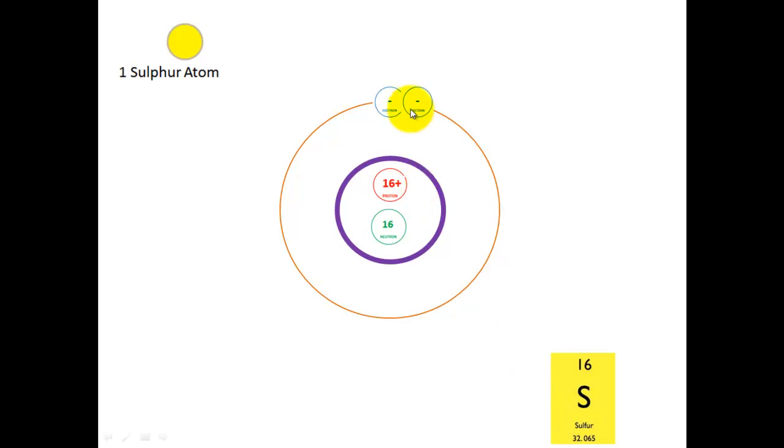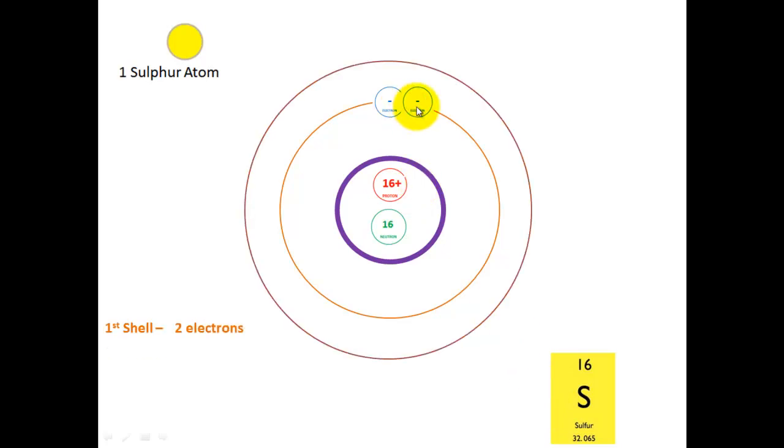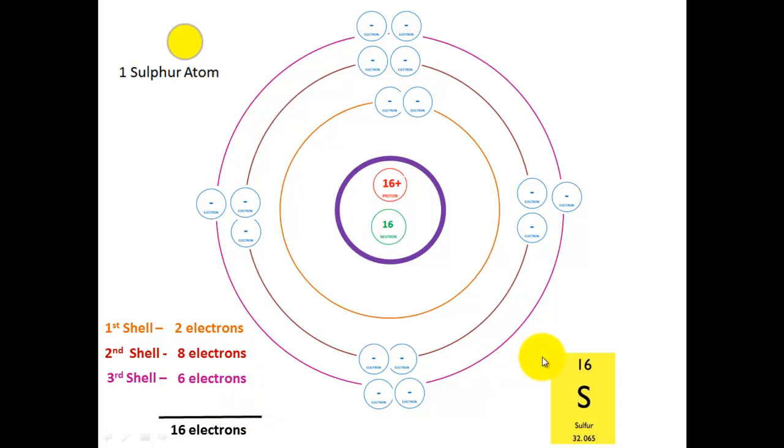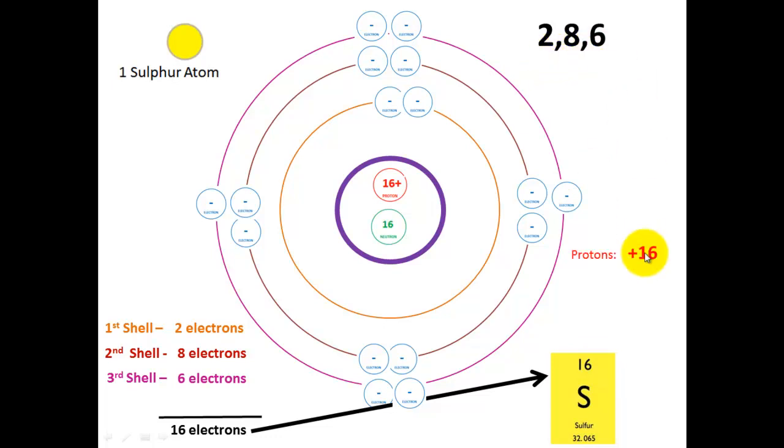So we've got first 2 electrons on the first shell and we've got 8 electrons on the next shell, and on the last shell we've got a total of 6 electrons, which gives us 16 electrons, which matches our 16 protons in a neutral atom. So an electron configuration of 2, 8 and 6. 16 protons, 16 electrons. They balance each other out, so we have a 0 overall charge.